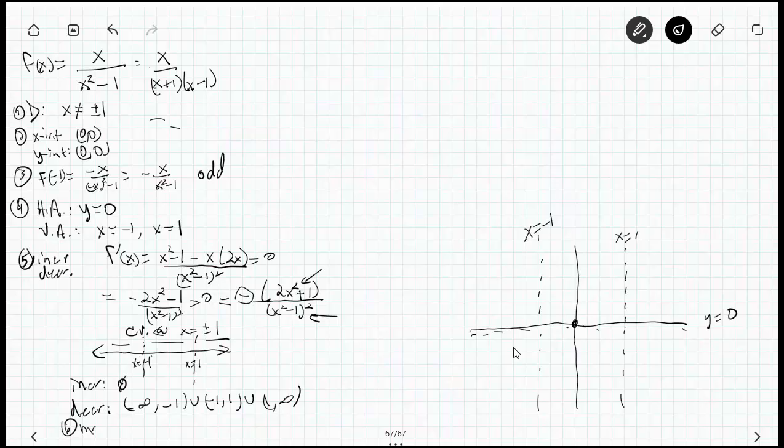How about max and mins? Well, if you think about it, this thing decreases. If I draw my stick figure, then I've got this vertical asymptote, then it decreases again, and then I've got another vertical asymptote, and then it decreases again. Now, I don't necessarily know how that looks until I put it over here, right?